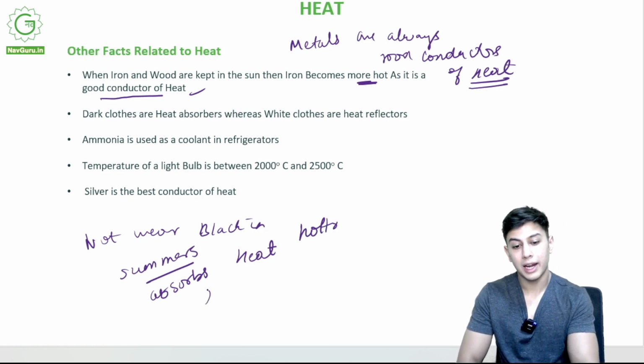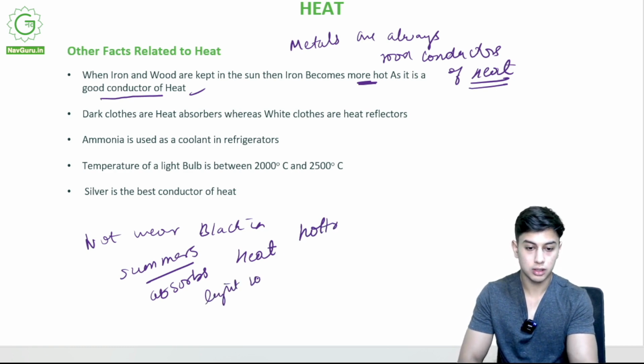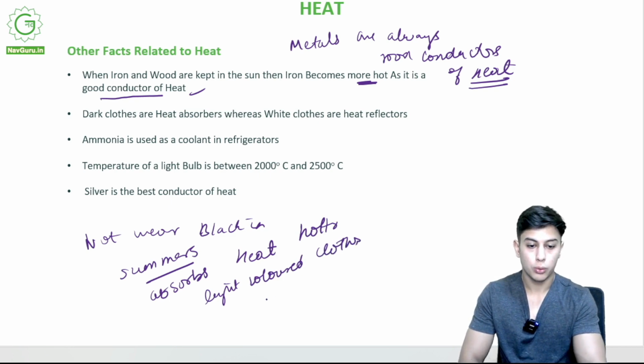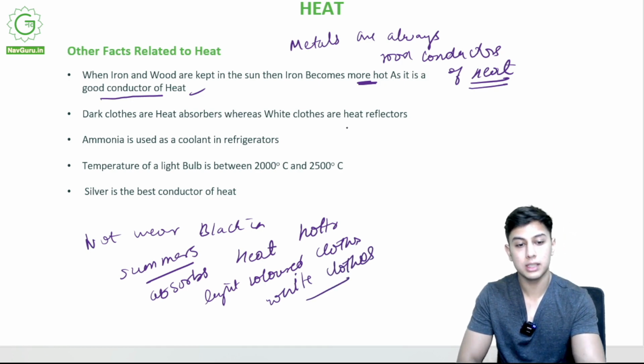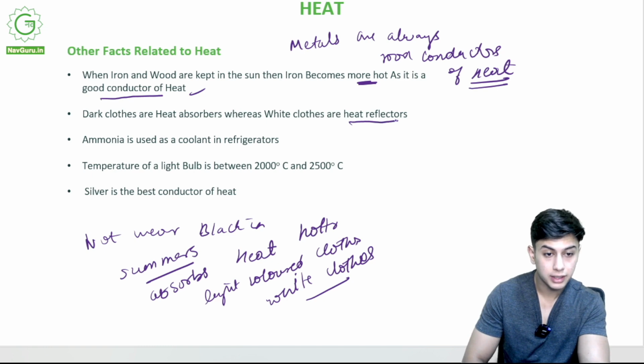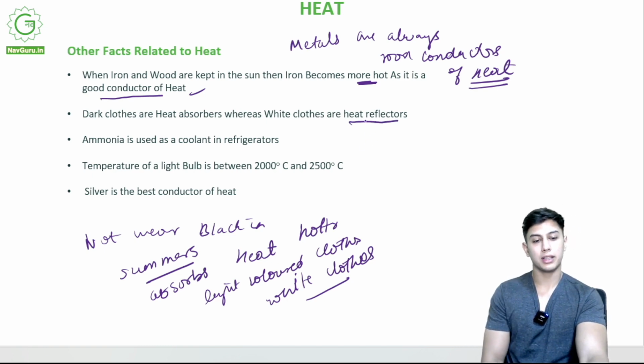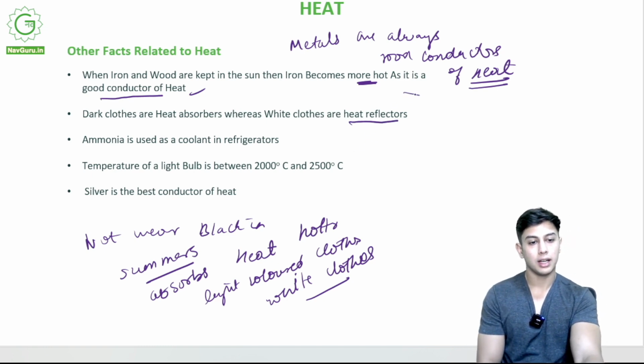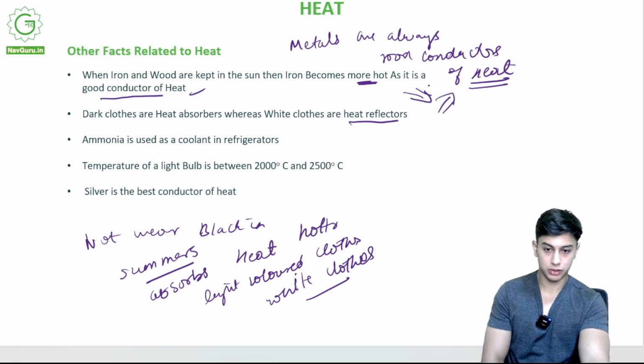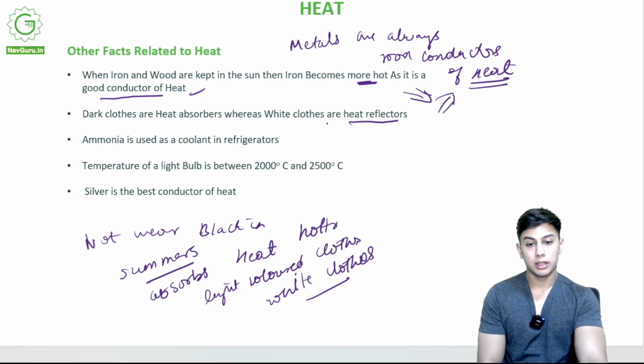Whereas light colored clothes, white clothes, are all useful in summers because they act as heat reflectors. They will not absorb heat, they will reflect heat away. As the rays come, they reflect it away, bouncing back, if you remember.